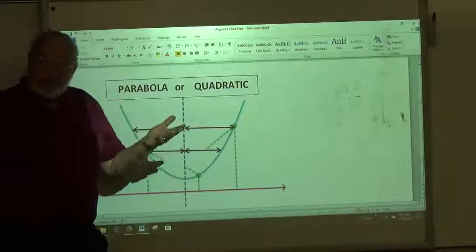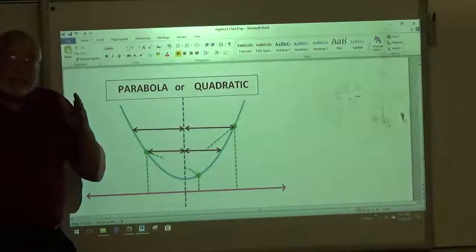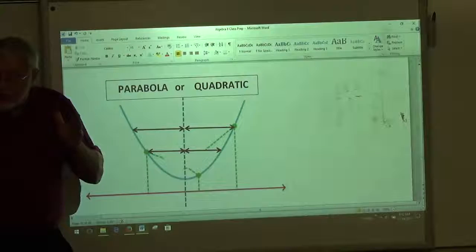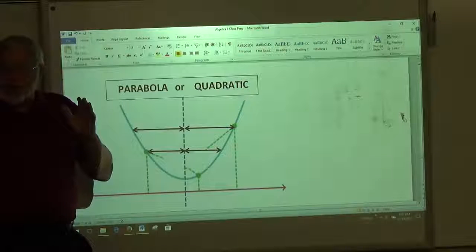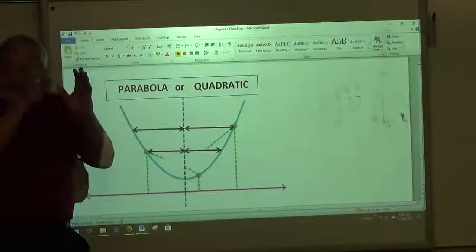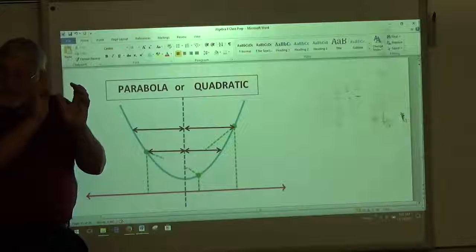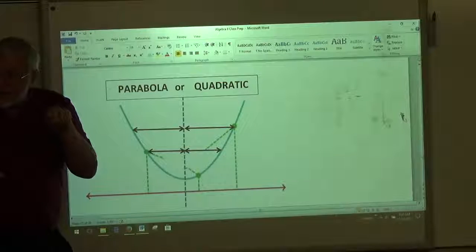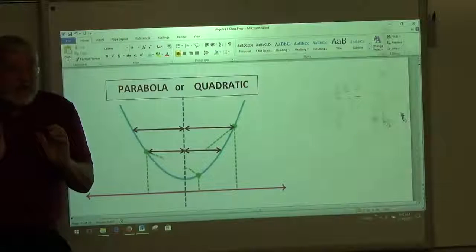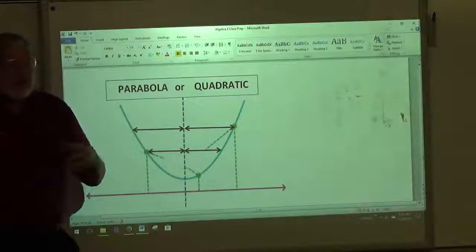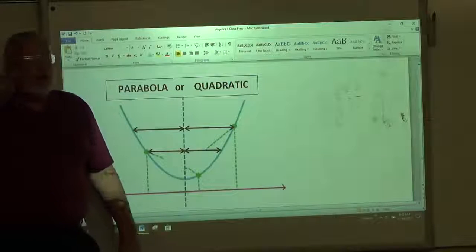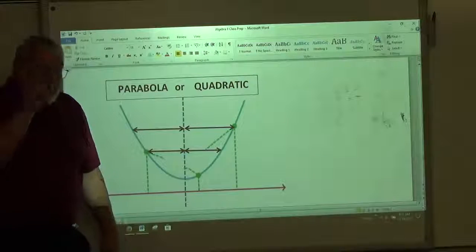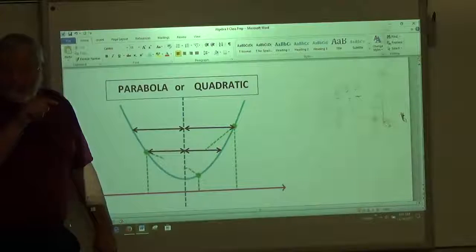Now, what we've done in the past, if you remember, is completing the square. If you have x squared plus some value x, you complete the square by taking half of the second term and making that the binomial square. So let's say you had x squared plus 8x. What's half of 8x? 4x.